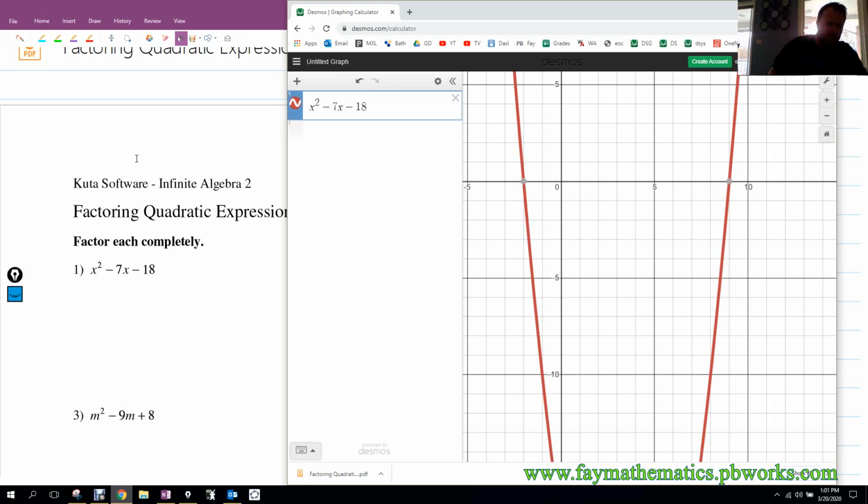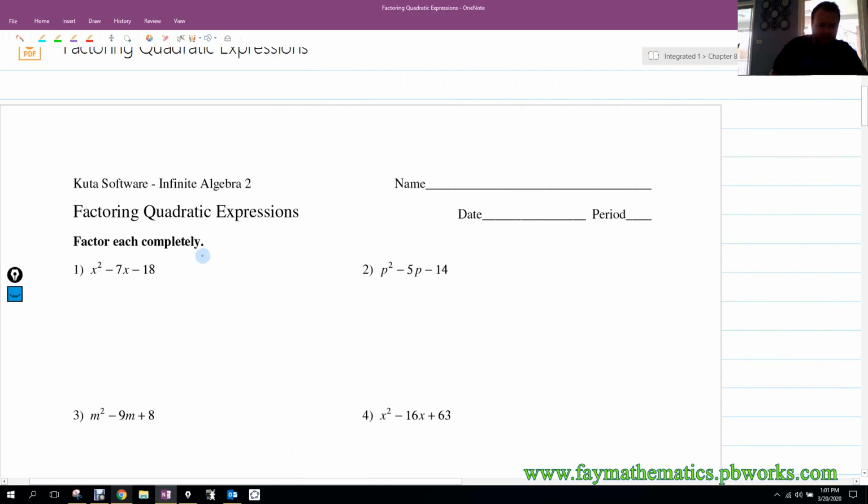So I'll come over here and we'll say -2 and 9. If we look at those now, they do indeed multiply together to give me -18. But they add to give me +7 instead of -7.